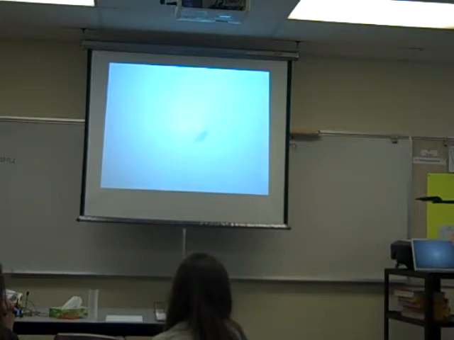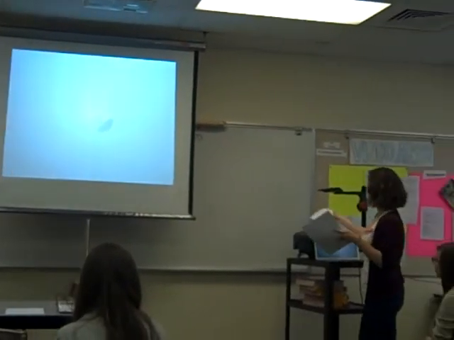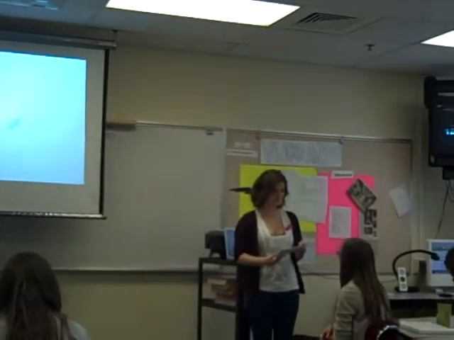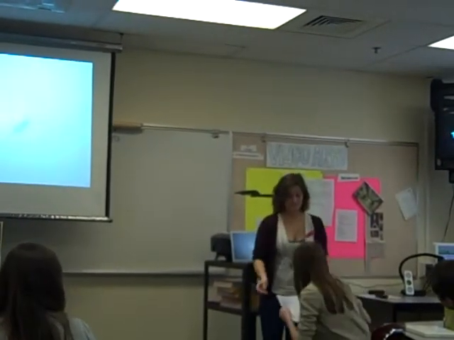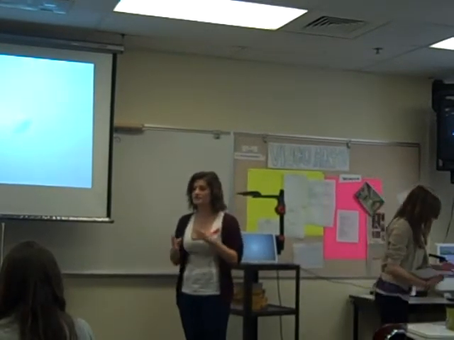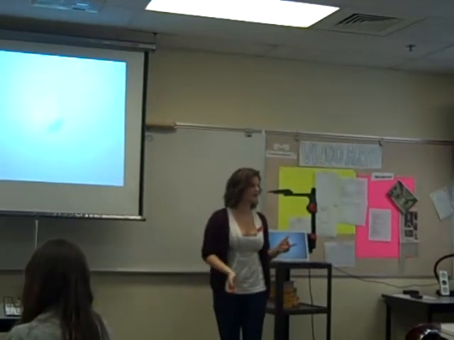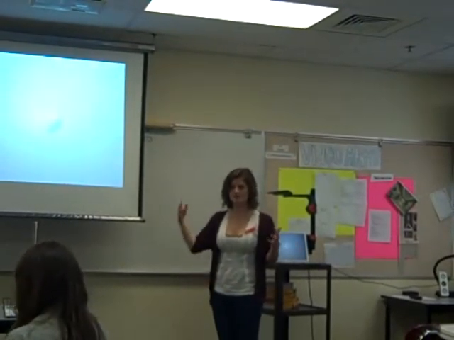So we're going to start out with just a little worksheet and a little activity. Can you help me pass these out? So what I'm going to do is show you a series of 8 pictures, and you just look at them, and they're going to go pretty fast. You're going to get probably a second to look at each one, so just take it in.